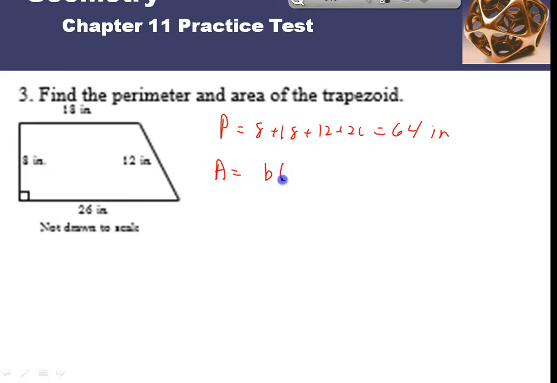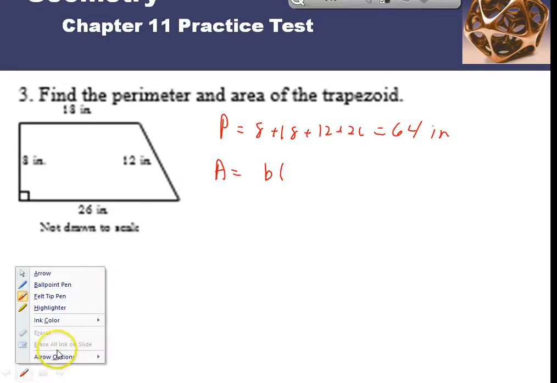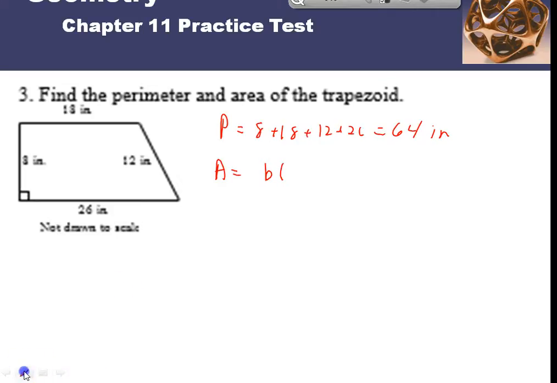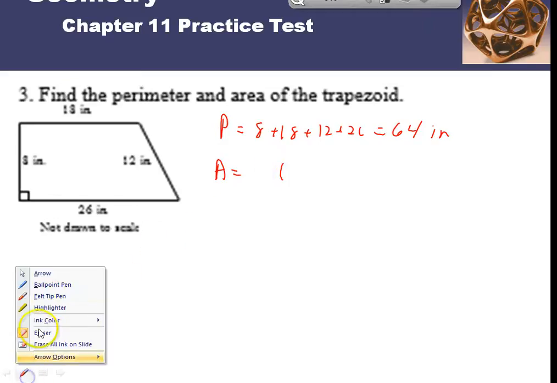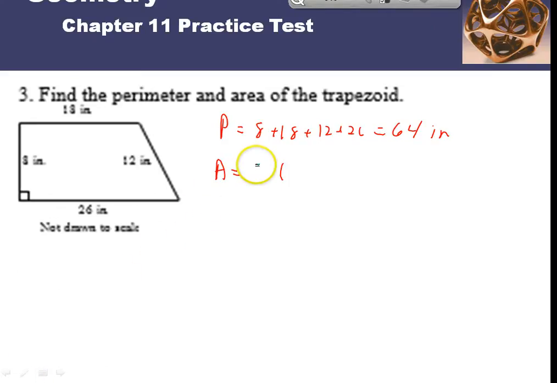And then the area, remember the area is the base, or sorry, that's wrong. It's the height times base 1 plus base 2. All of that divided by 2.